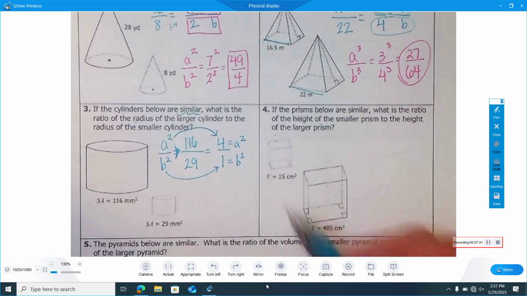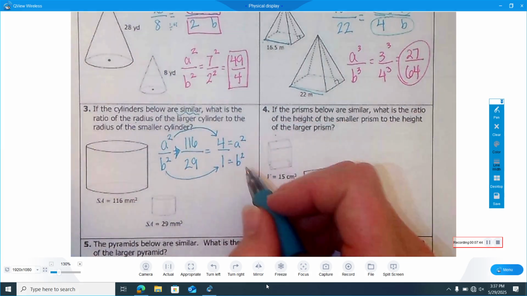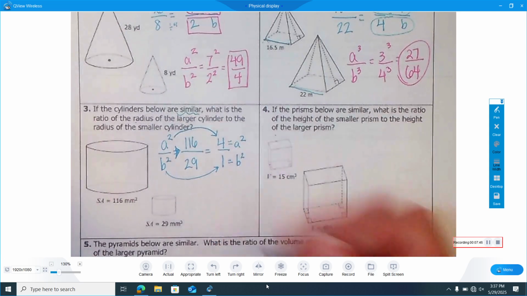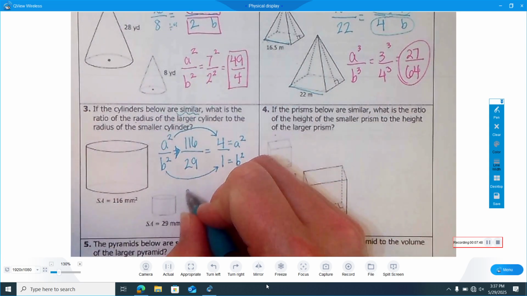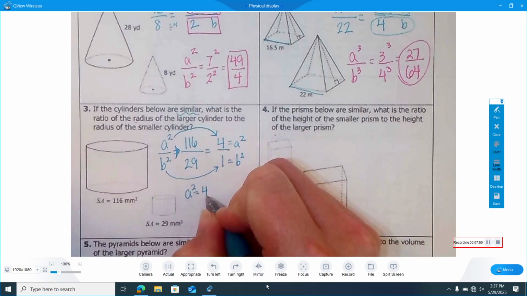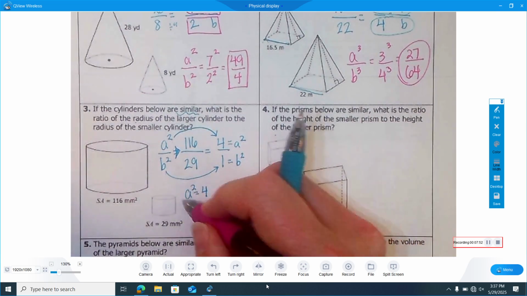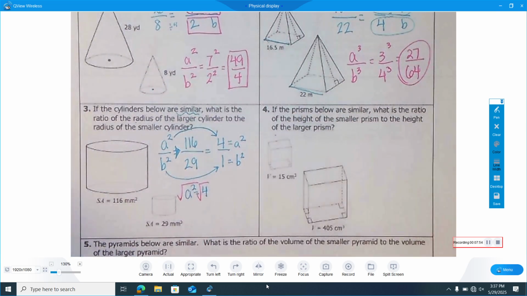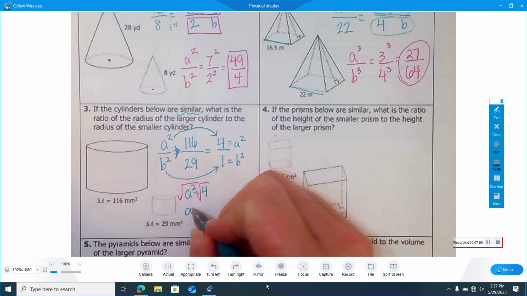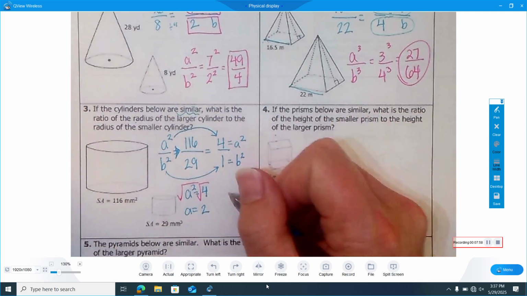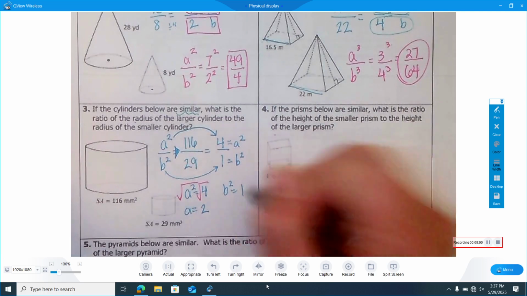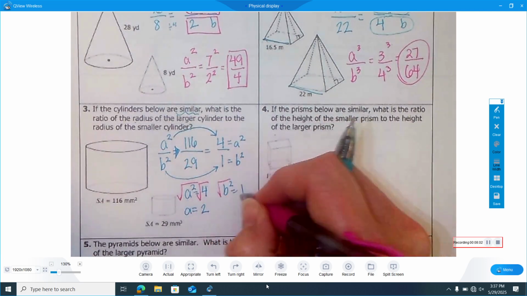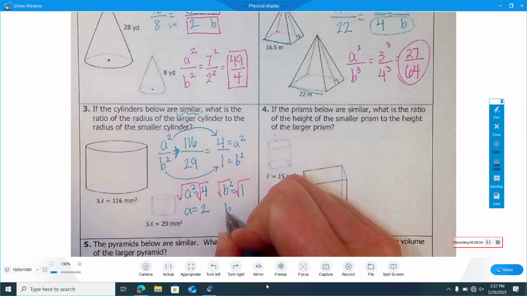And so what we need to do before is figure out what the A actually is. So if A squared equals 4, then I'm going to go ahead and take a square root, and I get that A equals 2, and B squared equals 1. So again, we're going to take a square root of both sides, and it turns out that B equals 1.